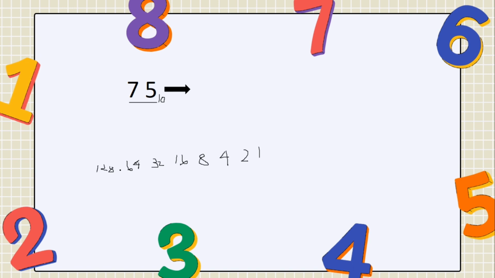So, let's put the 64 here. So, 75 minus 64 equals 11. So, put plus 1 dire. So, 11 na po daw.